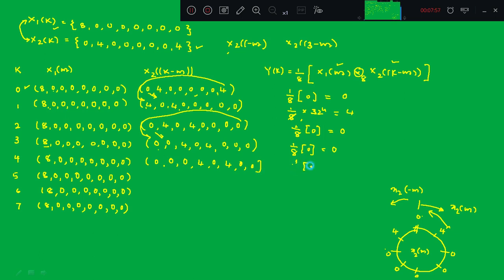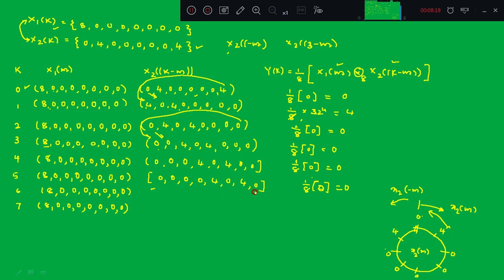Similarly for k equal to 4 and 5, you will again get 0.